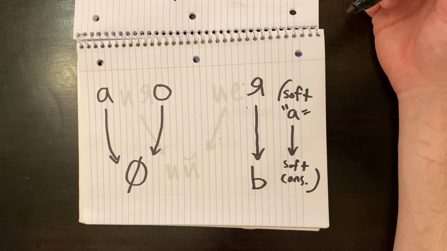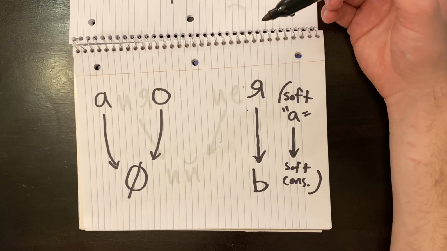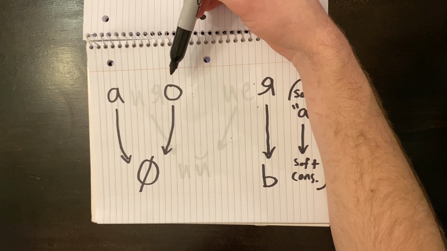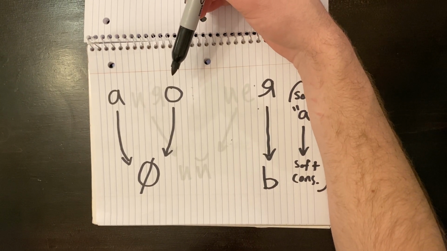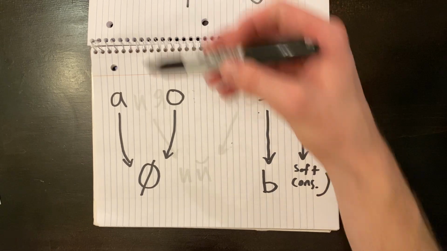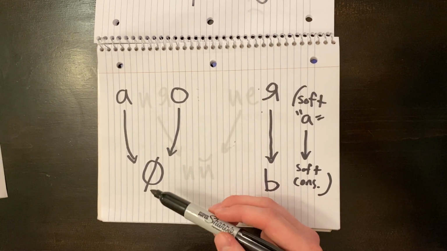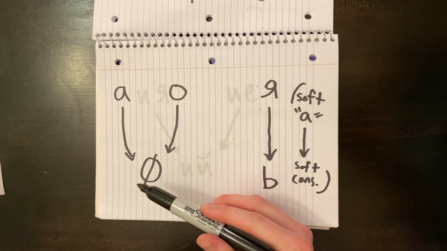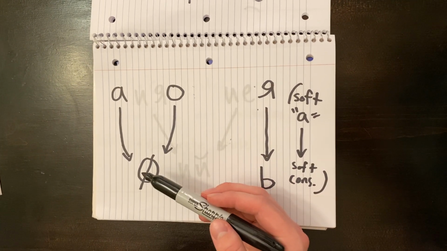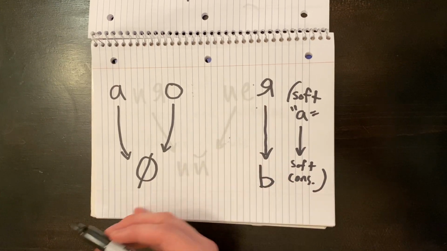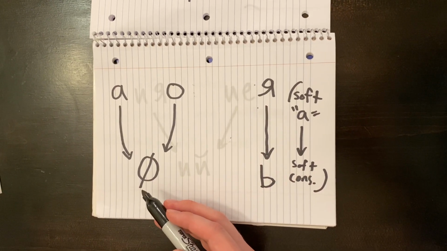Now, this one is also pretty simple if you just think of the fact that a and o are hard vowels. And so in genitive plural, they're always dropped and you're left with that nulovoje окончание. So if it's a neuter noun or a feminine noun and it's in genitive plural, you drop all of that and it ends with whatever the consonant is.